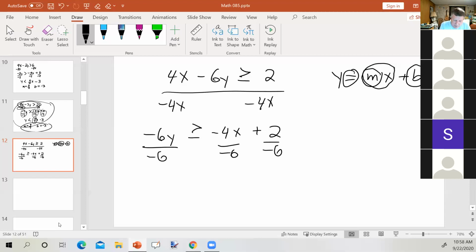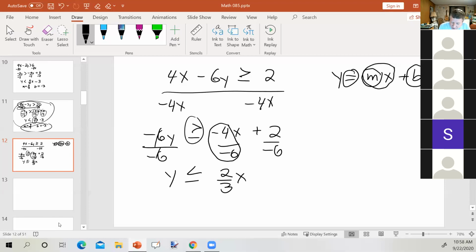Yeah. So -6 over -6 reduces down to 1. 1 times y is y. Since I divided by a negative number, I'm going to change the direction of the inequality sign. -4 over -6, negative divided by negative is positive, and 4/6 could be reduced to 2/3.